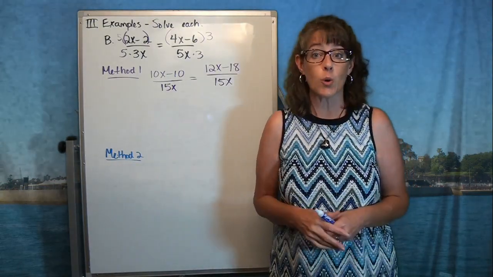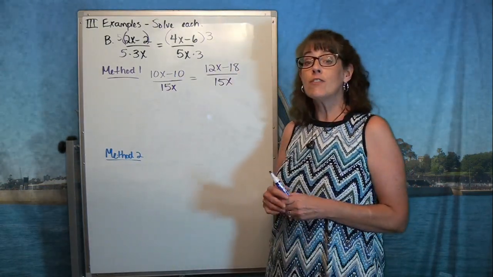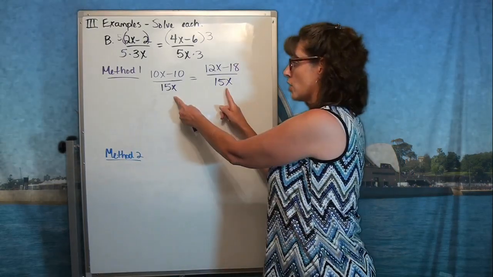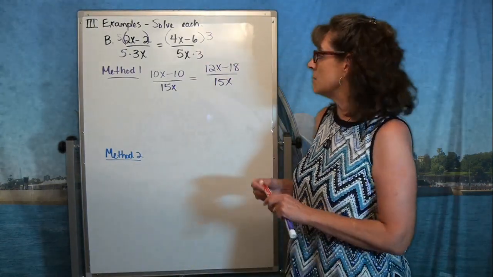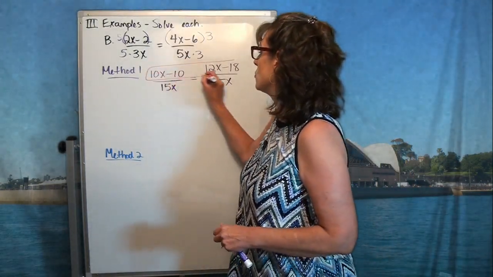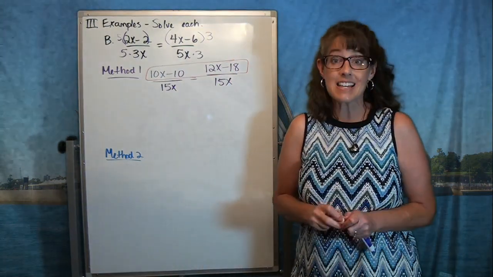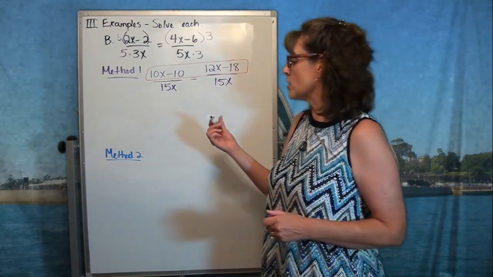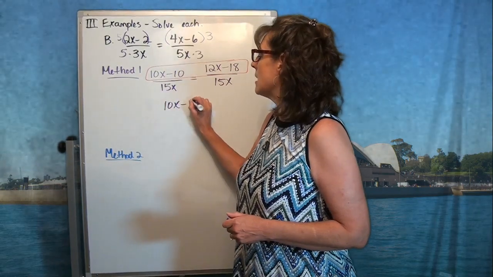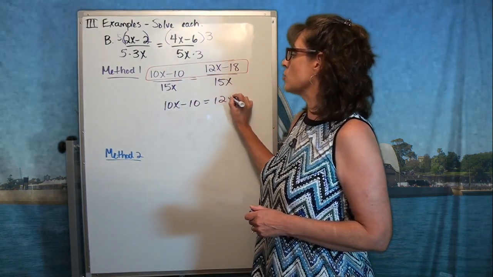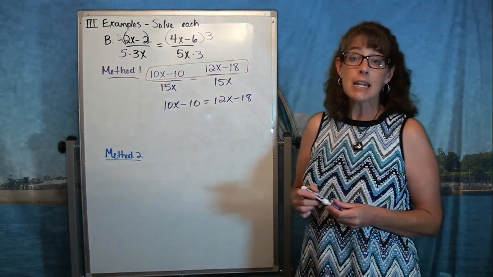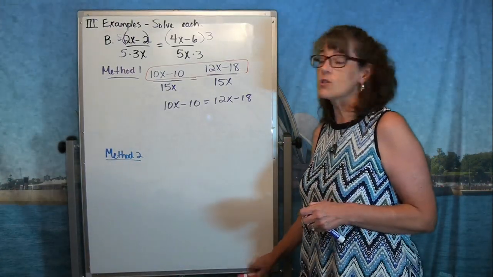We're getting to it quick on this one. So if those fractions are equivalent and their denominators are the same, like I've said many times, what has to be true about these numerators? Yes, they have to be equal to each other. So that 10x minus 10 had better equal 12x minus 18. And now we have an equation that's pretty easy for us to solve.